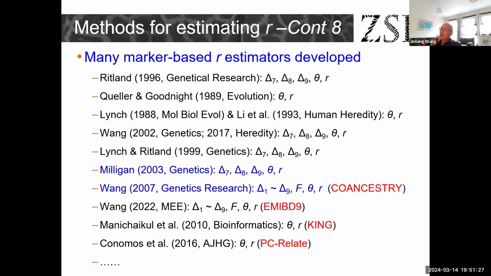And the refined IBD coefficients are used to refine allele frequencies. So this is iterated over and over again until convergence. That is, we get better estimates of both relatedness and allele frequencies. I will show some more details of this later on.